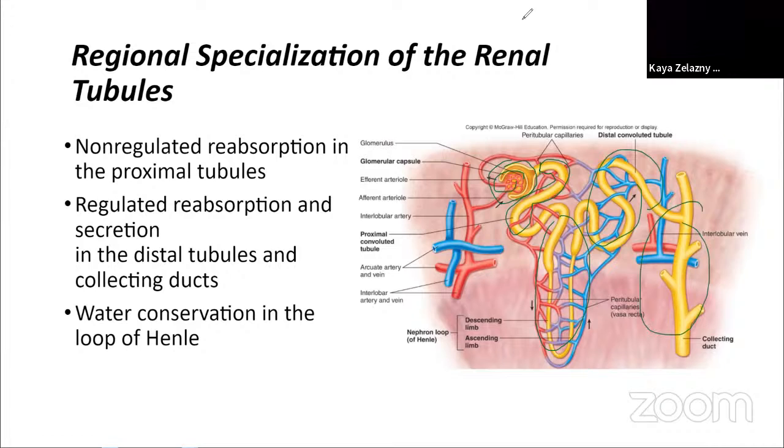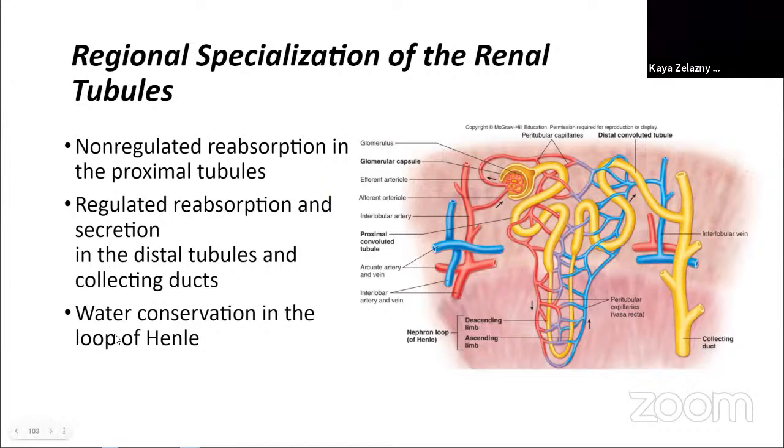The place we see regulated reabsorption happening is in the distal tubule and the collecting ducts. We know that that's really specifically the role of ADH, helping us regulate water. And we'll talk a little bit probably on Wednesday about regulation of sodium and potassium.